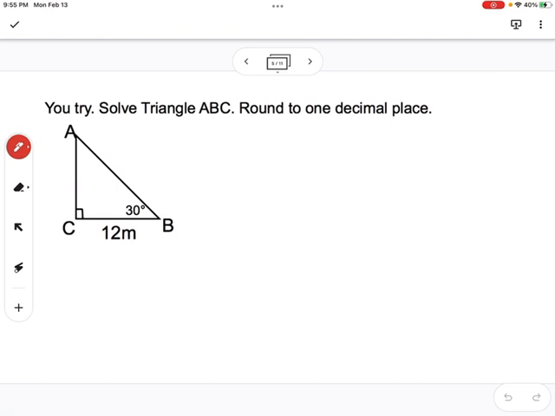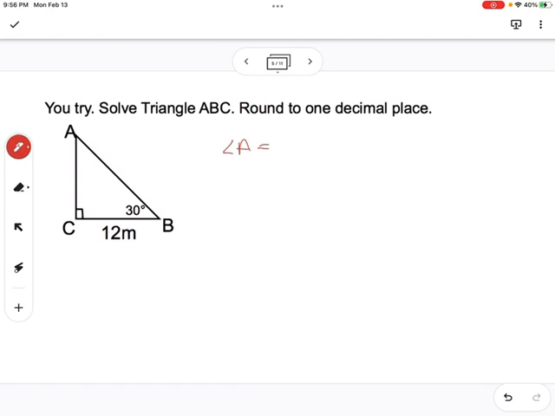I'm going to leave this one up to you guys to try, and I will post the solutions after. So looking at this, solving for triangle ABC, you want to figure out the unknown angle, so you want to figure out what angle A is. You're given side A of 12 meters.